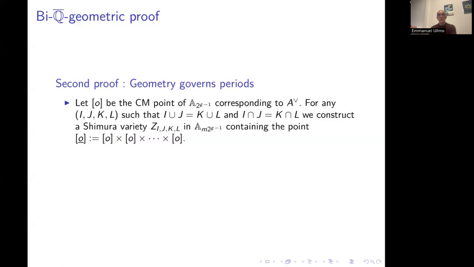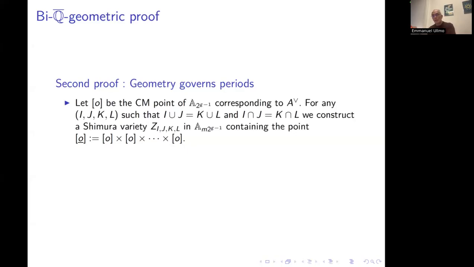And what we do is, for any quadruple of subsets of 1 to G satisfying the previous condition, we construct a Shimura subvariety Z associated to these 4 subsets of 1 to G. Not really in A_2 power G minus 1, but in the product m times of it, containing the point, the origin you started with.